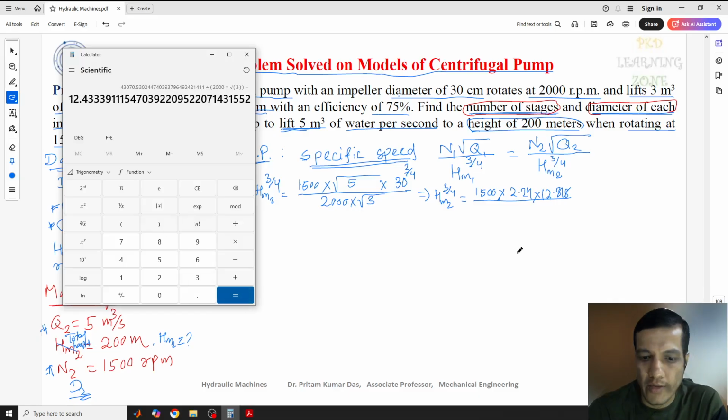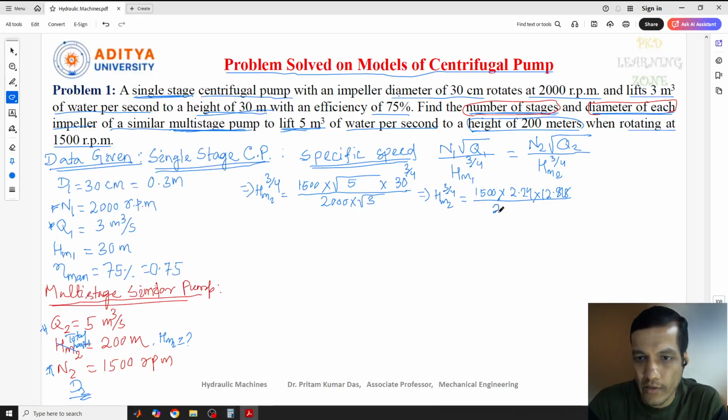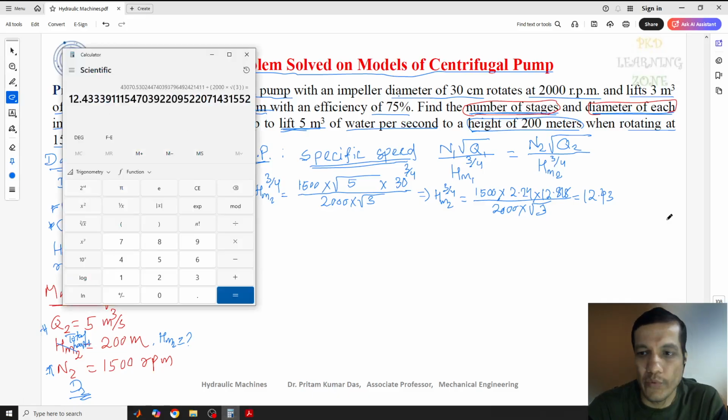Yeah, so finally we got here 12.43 something. Now if I write here, this is 2000 into root over of 3, and we got 12.43, I hope. Yeah, 12.43. Now this is hm2 to the power 3 by 4.